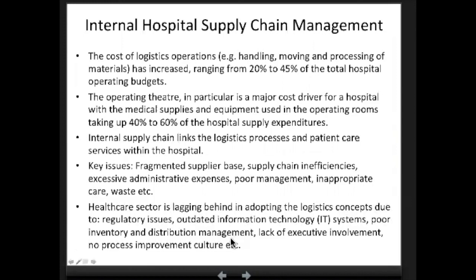It also emphasizes that there's a lag in the healthcare sector as compared to other industries, and this is because of certain aspects that are very specific to the healthcare sector, like regulation. There are outdated information technology systems in many cases, poor inventory and distribution management systems, lack of executive involvement, no process improvement culture.